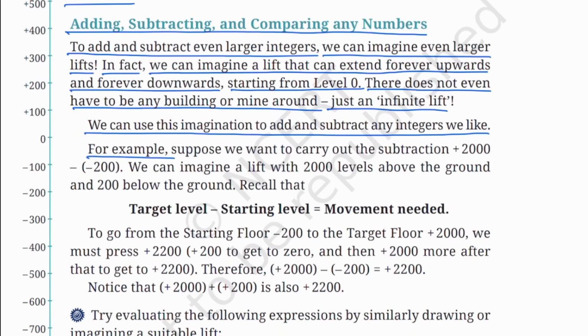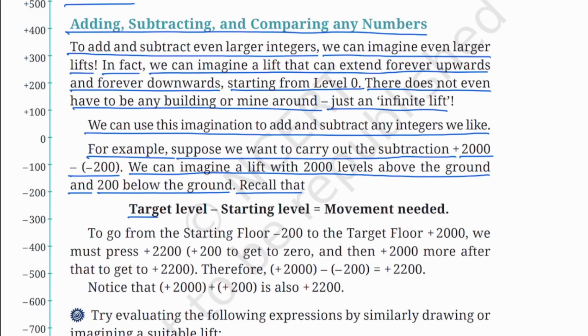For example, suppose we want to carry out the subtraction plus 2000 minus minus 200. We can imagine a lift with 200 levels above the ground and 200 below the ground. Recall that target level minus starting level is equal to movement needed.